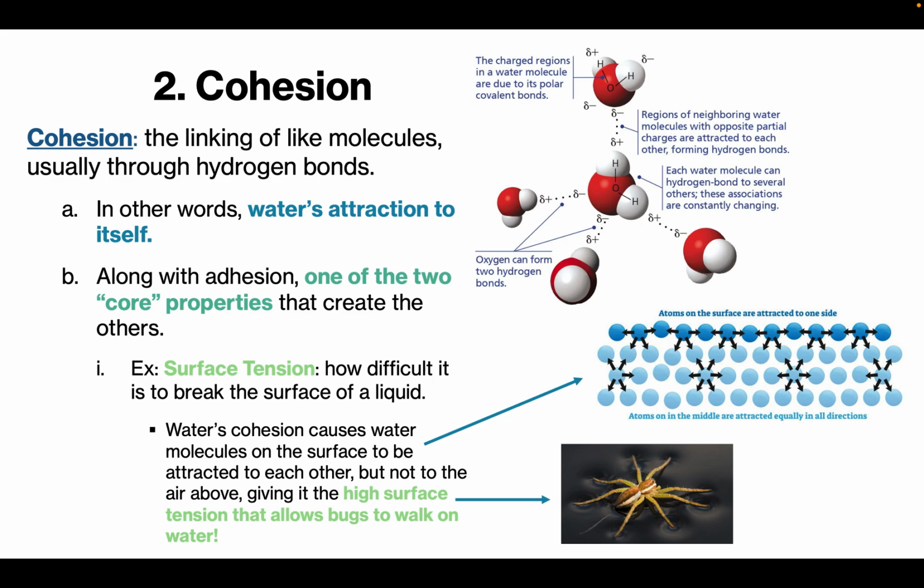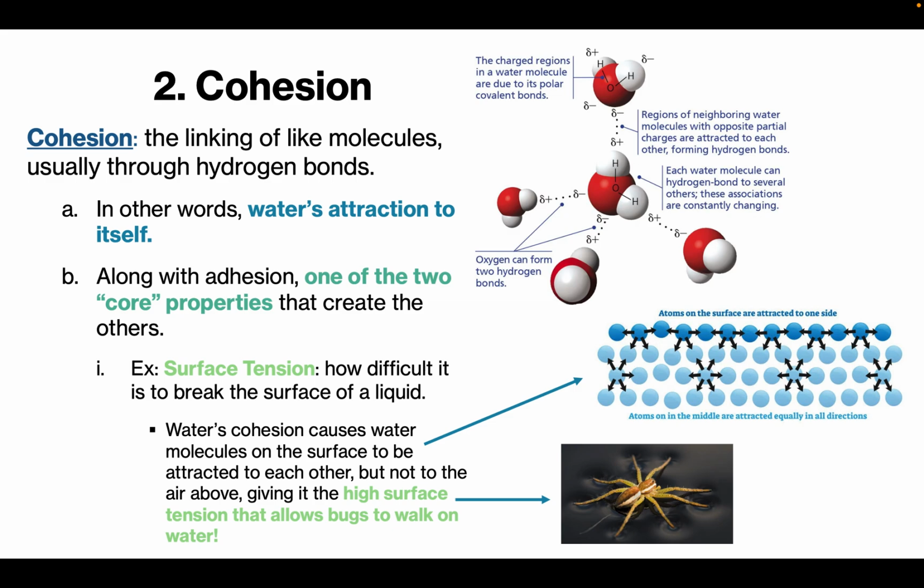So let's look at the diagram here in blue. You can see each of these blue dots is representing a water molecule. They are creating interactions with each other in all directions that are available. But for the ones on the surface, there is no water molecule above them. Obviously, that's air.